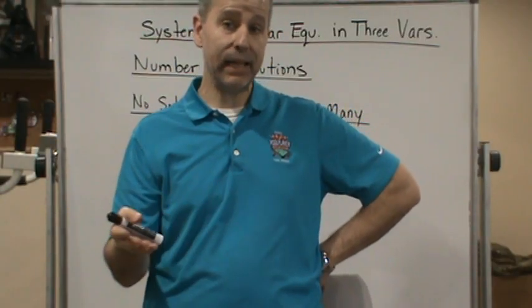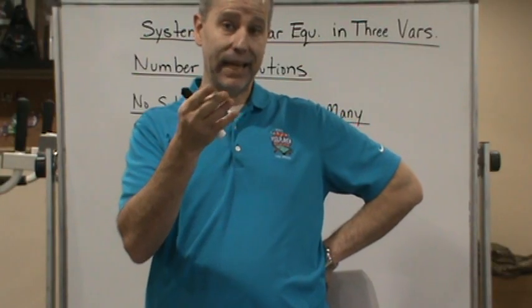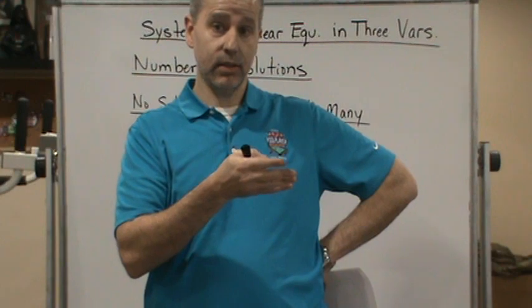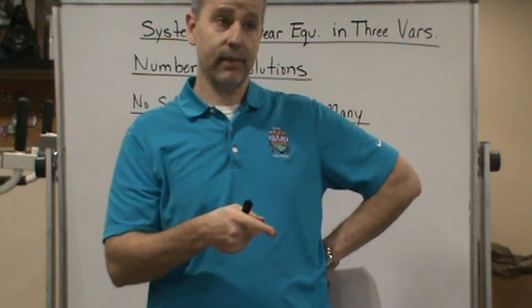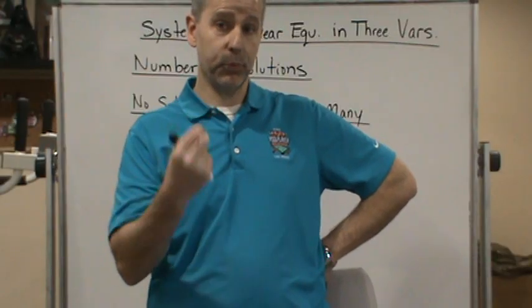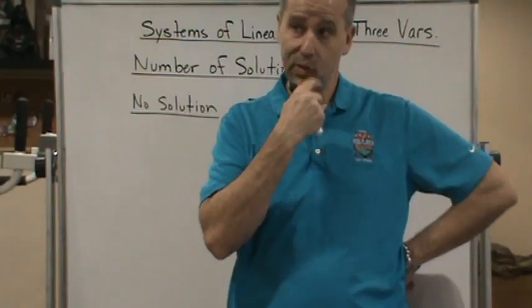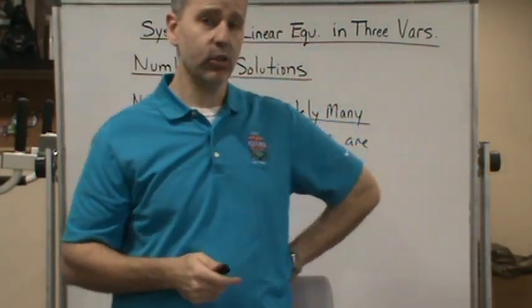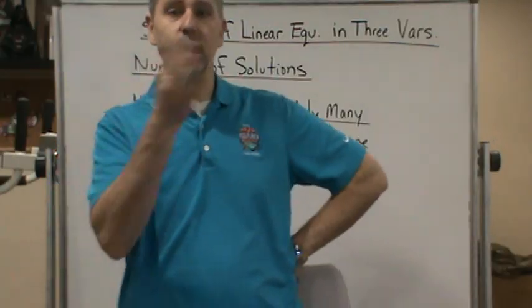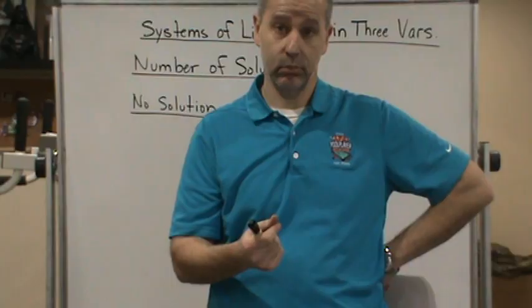Or plane C and B intersect, but plane A doesn't intersect C. So they're all intersecting each other, but they don't all three intersect at one point or in one location, if that makes any sense. Okay? So there are three options. In any one of those three cases, we have no solution, right?